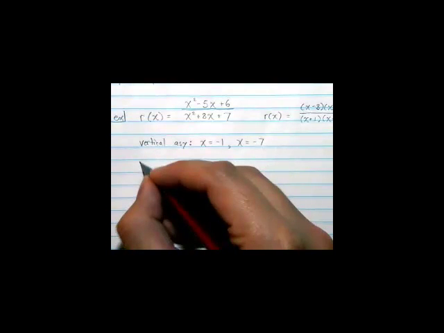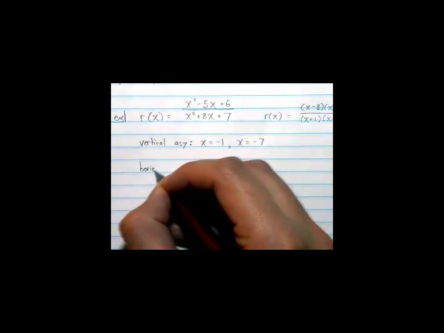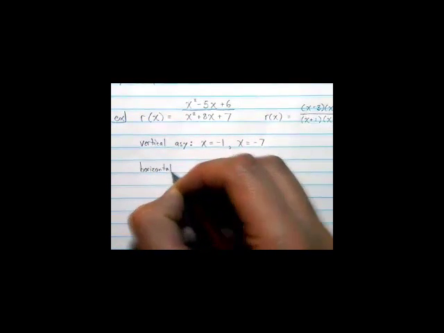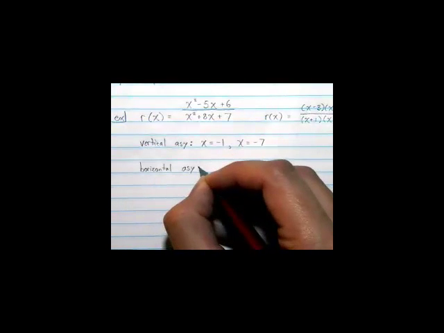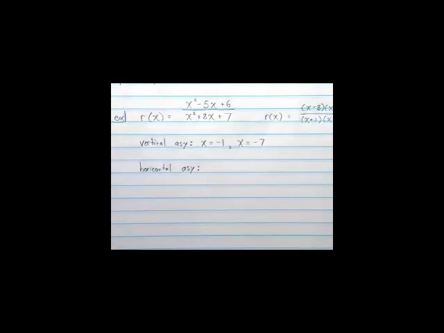Okay, horizontal. So again, which form do you think is going to be more helpful in finding a horizontal asymptote? The original one, right? Because that's where we're taking a look at the degree of the numerator versus the degree of the denominator.